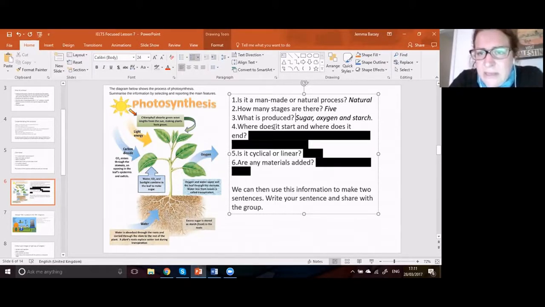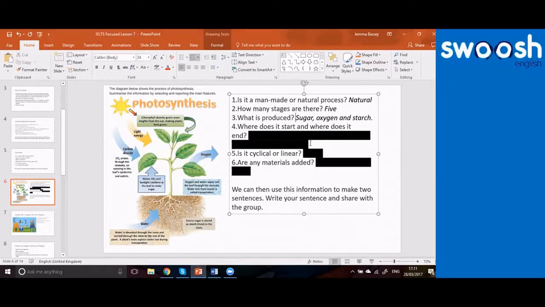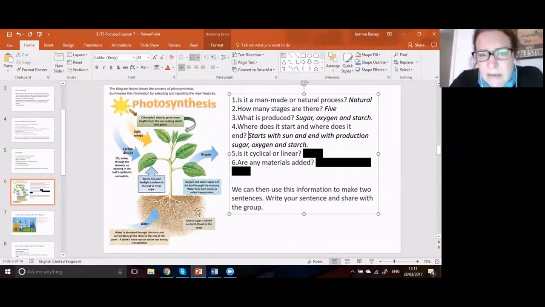Where does it start and where does it end then? It starts under the ground with absorbing water, and it ends with light, elimination of oxygen. Okay, well, it starts here. Light energy. With sunlight, right? And it comes down and ends down here and over here.